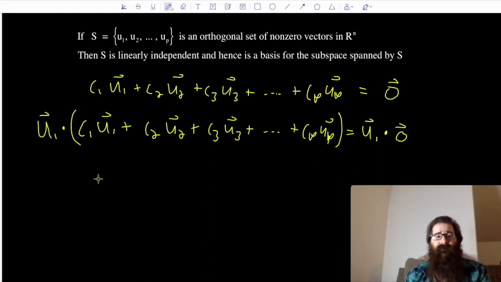Now, over here on the left, I have a lot of stuff I can work through, but I want to use my properties from last lecture to bring in this dot product and bring the coefficients in front.